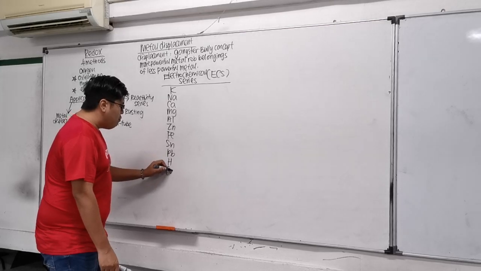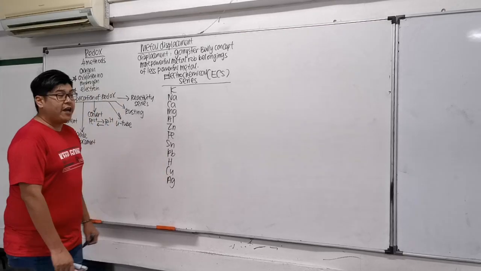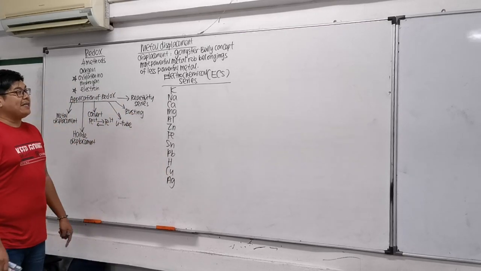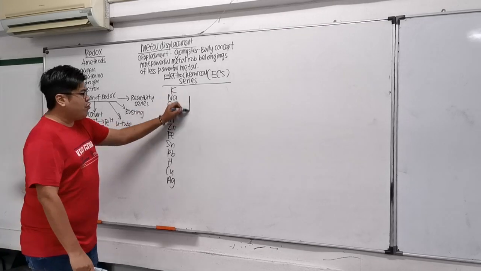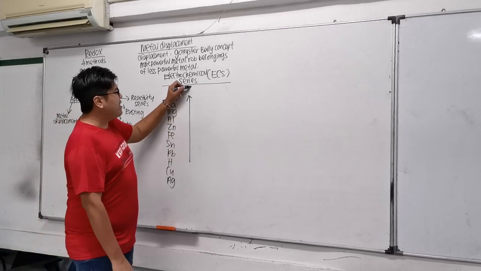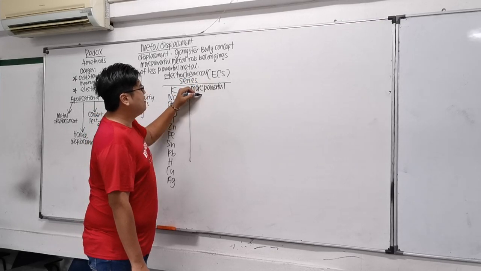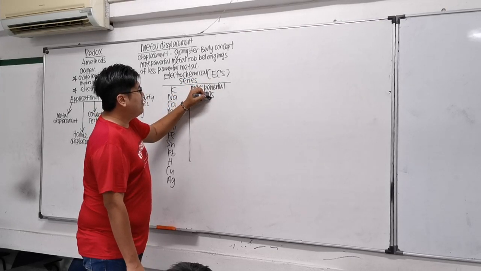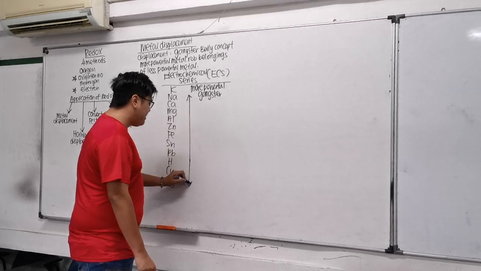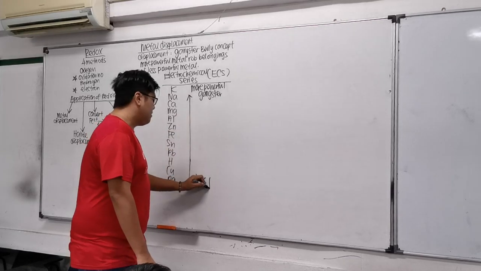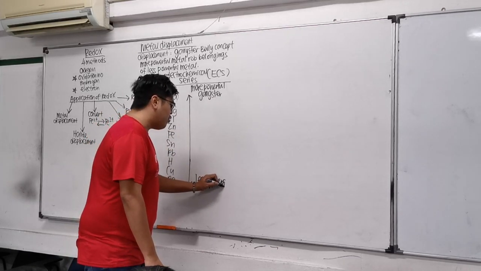You can use your own method to memorize it, it's okay, but you must know your ECS. The higher the metal in the ECS, the more powerful the gangster. The lower the metal in the ECS, the less powerful the gangster.